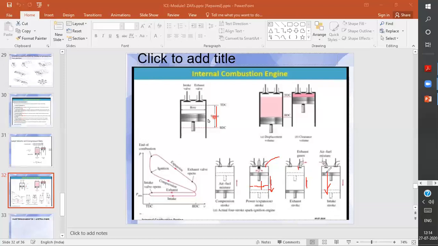As the piston is reaching top dead center in the exhaust stroke, before reaching the top dead center only, the inlet valve opens. Before the starting of the intake stroke, the inlet valve gets open and the fresh charge is allowed to come inside.